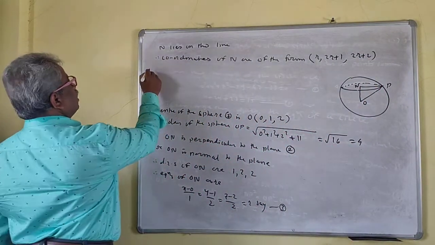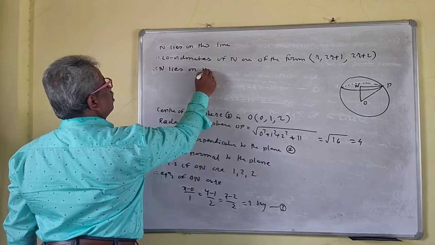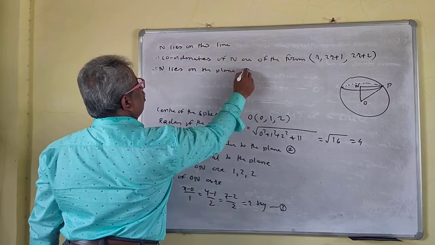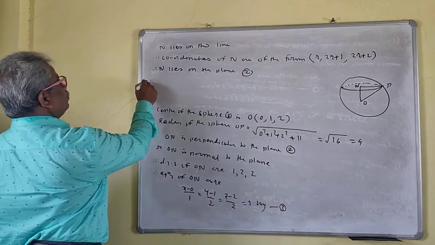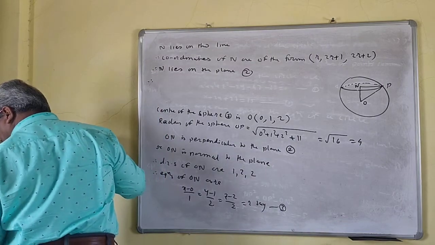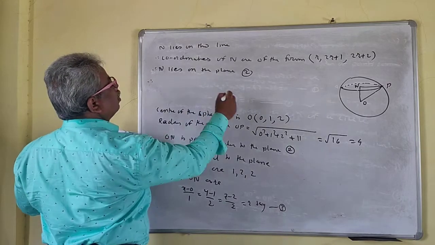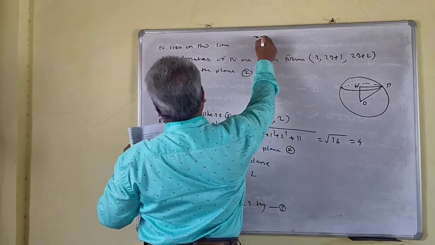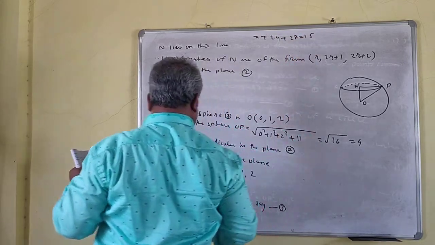Okay. So N lies on the plane 2. Therefore, what is the equation of the plane? I have written this one. Your plane is x plus twice y plus twice z is equal to 15.